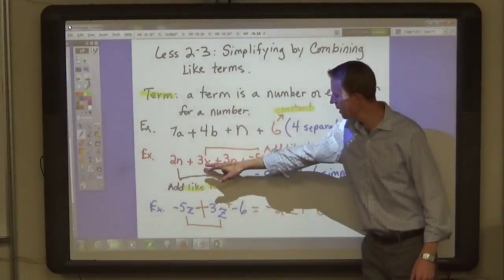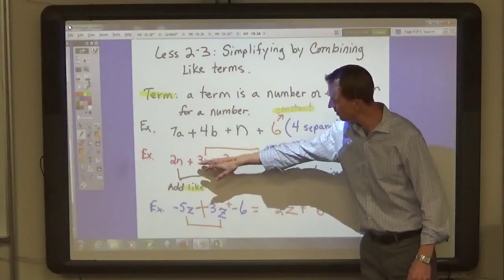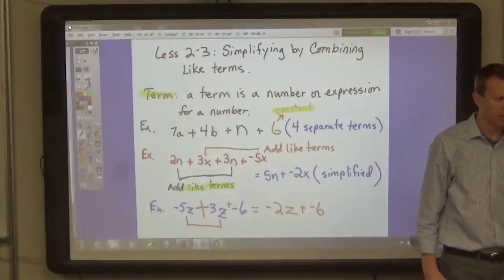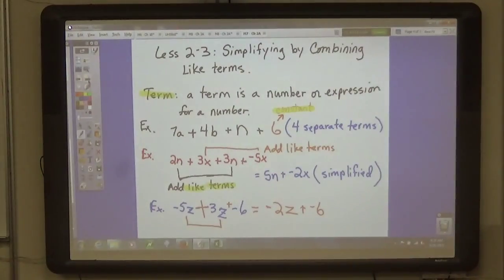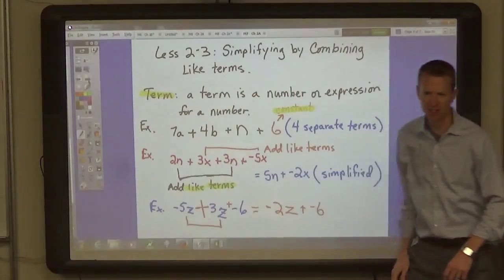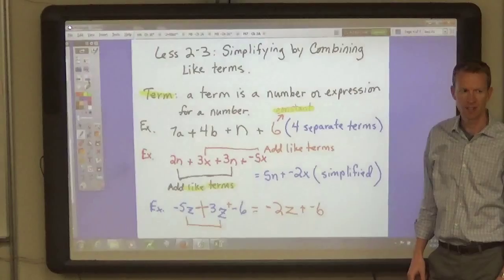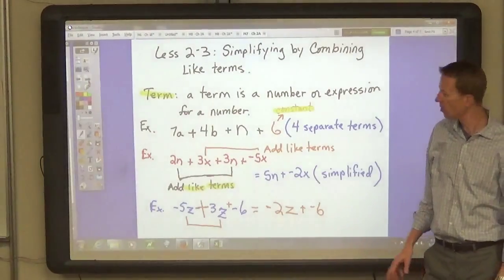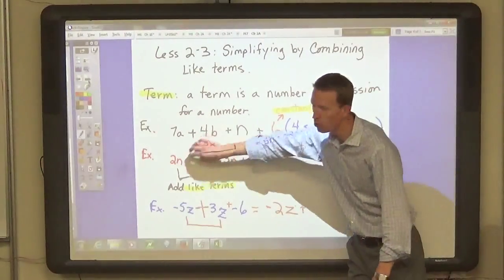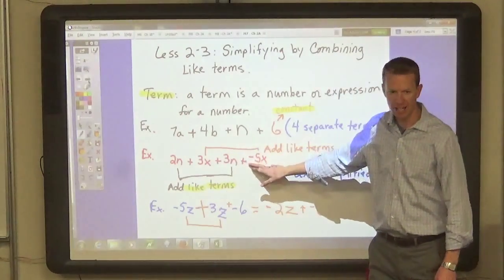And you can add 3x and negative 5x. Now, why can you skip around and add these? They're not next to each other. But what is the rule that says you can add terms that are not next to each other? AJ? The commutative property says that we can just move this over here and then add it. We can move this one over there and add it.